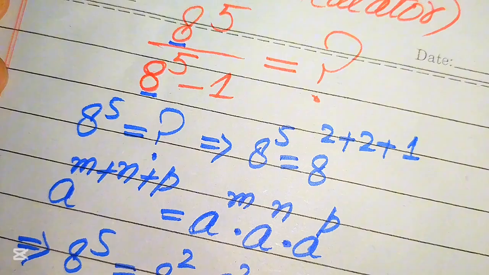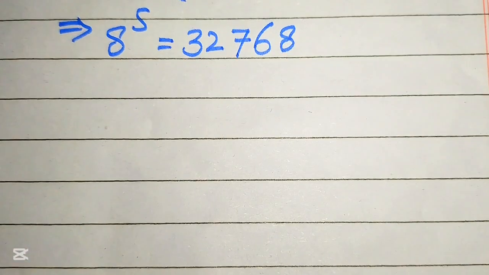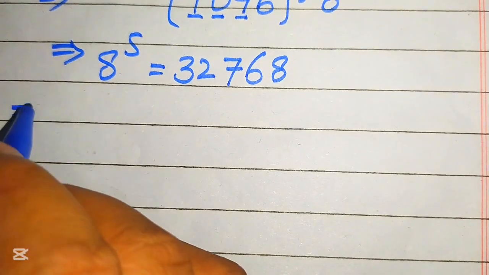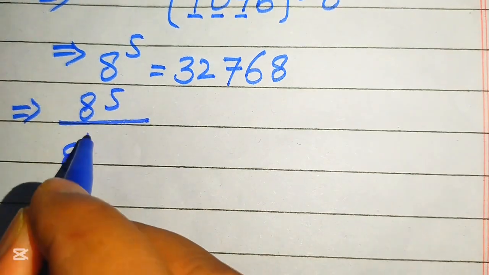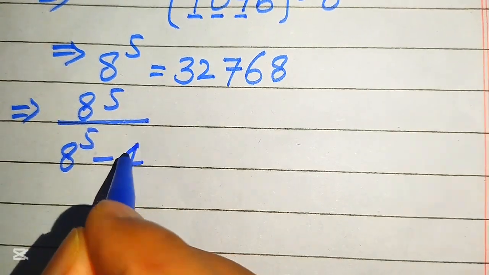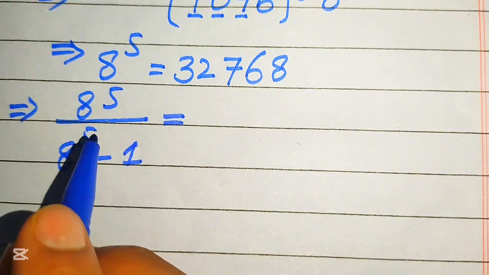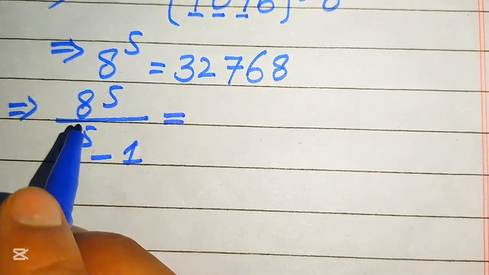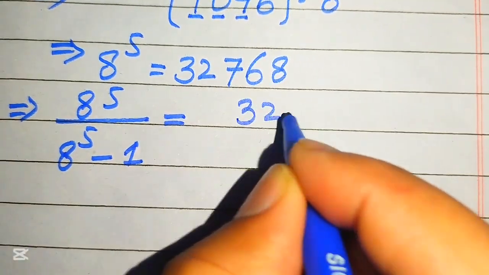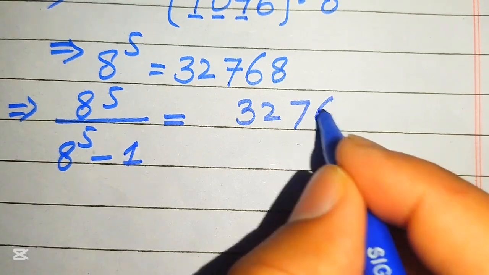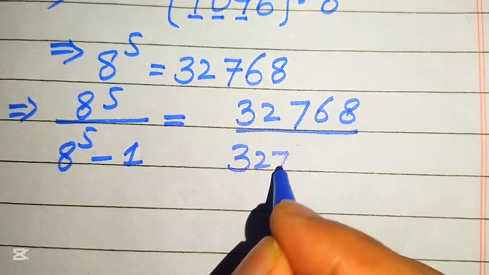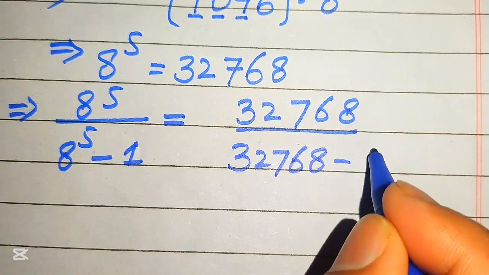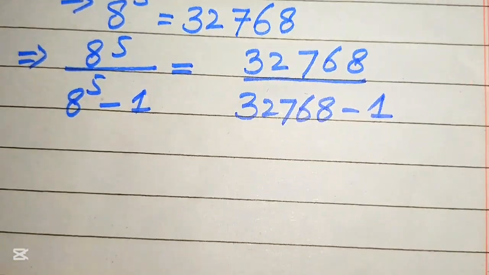Our given expression is 8 to the power of 5 divided by 8 to the power of 5 minus 1. Putting in the value of 8 to the power of 5, it will be written as 32,768 divided by 32,768 minus 1.